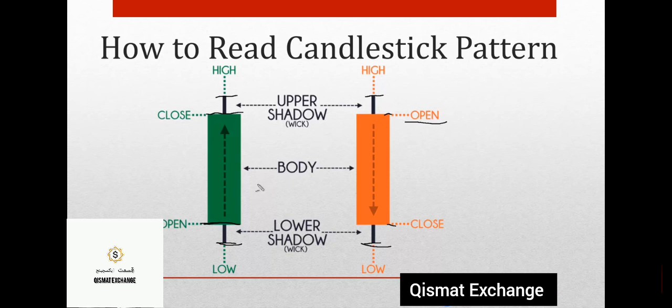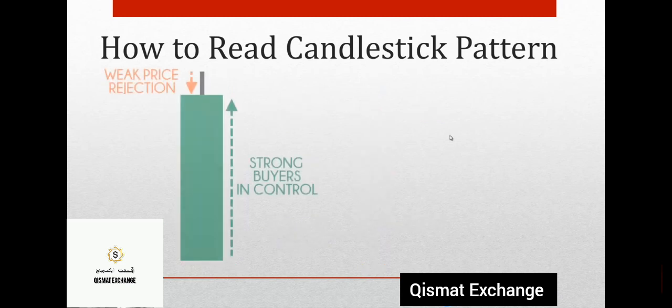A bullish bar means the price has closed higher for the session, so the open is always below the close. For a bearish bar, the price has closed lower for the session, and the open has to be above the close. Now let's try to understand these candlestick patterns in more depth.